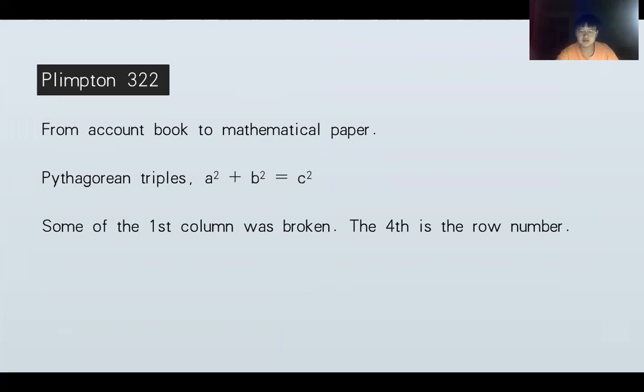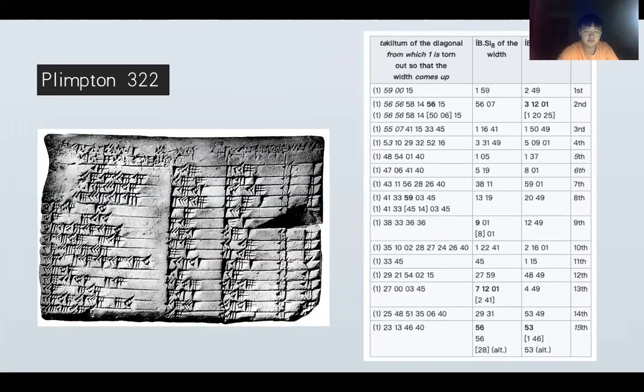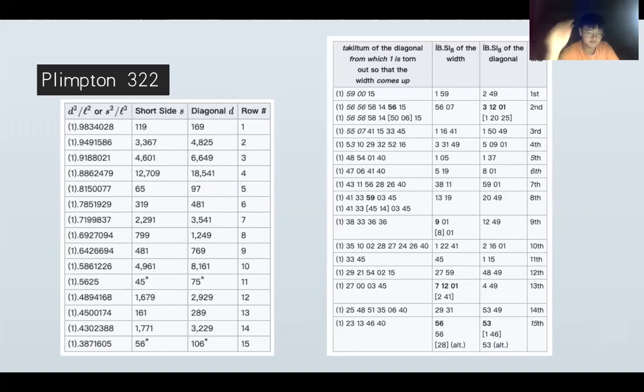A really important thing in geometry. So in the second and the third column, we can find such a relation of those numbers.